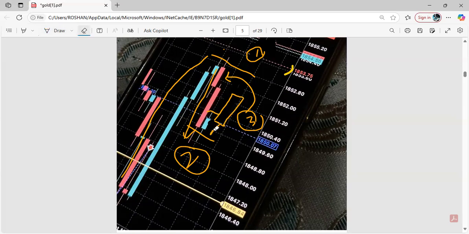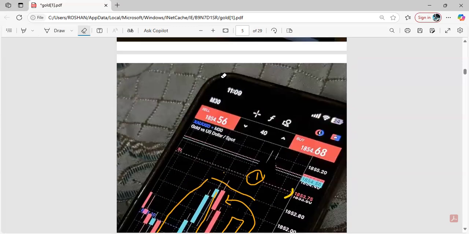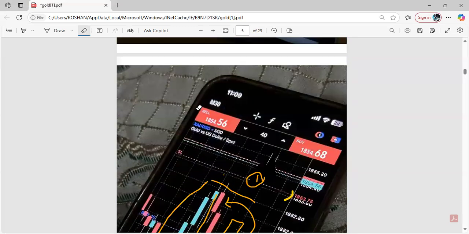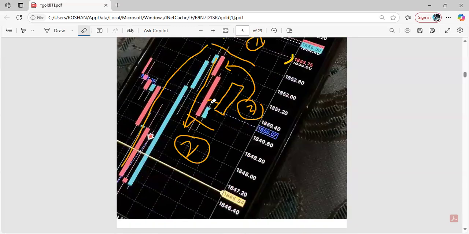But if this candle is not able to create the wick and just opens and breaks the high of the previous candle, I will go through the impulse entry because there is clean traffic to the left. This is the A plus trade setup that I don't want to miss anymore, because if you look here, this is also the same scenario where the candle is not making any wick, but here is a little bit bigger wick, so I'm expecting the candle to break the high of the previous candle.